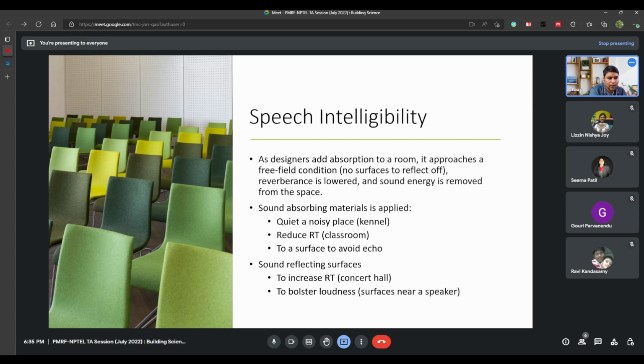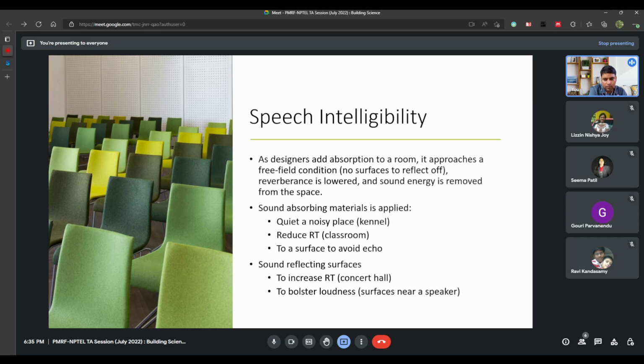Free field conditions are where you have no surface that blocks the sound and makes it reflect back. So we try to achieve it in that manner.